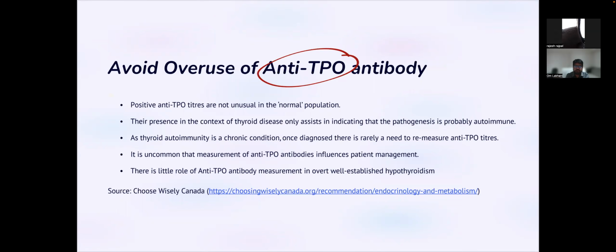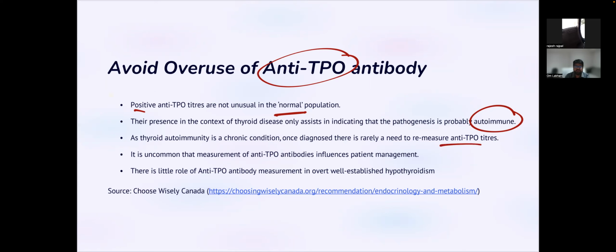Another very important point, which I like to say, especially when we are talking about overt hypothyroidism, is that there's often an overuse of anti-TPO antibody. A lot of normal people in the population can have anti-TPO positive, and remember, most of the patients with hypothyroidism that we see in clinical practice are probably autoimmune only, right? So really anti-TPO does not serve too much of a purpose. There is absolutely no purpose of remeasuring anti-TPO at frequent intervals, right?